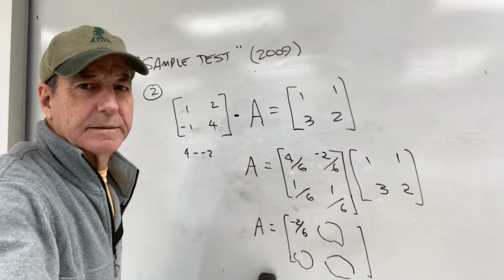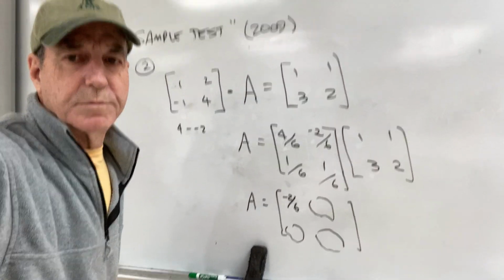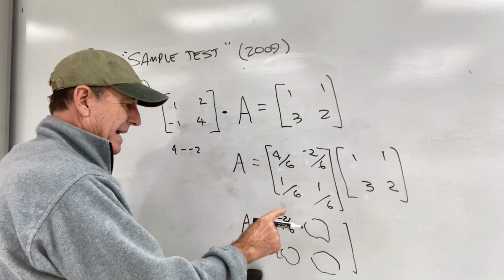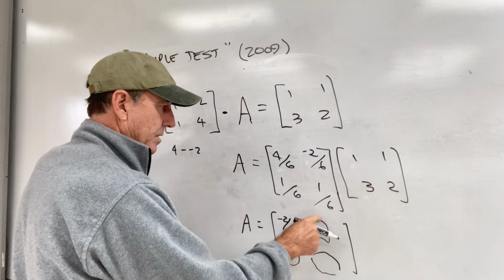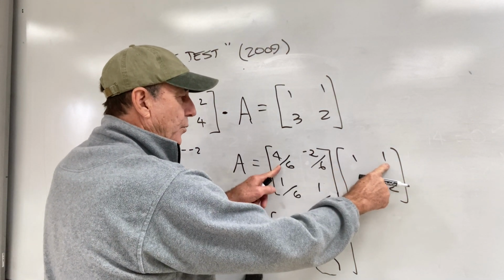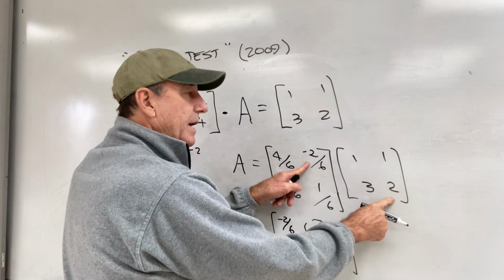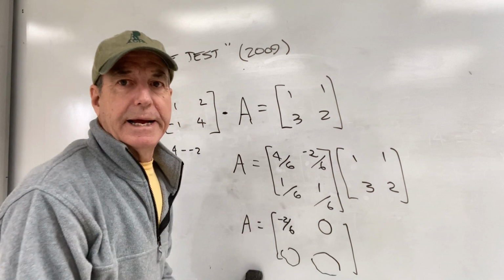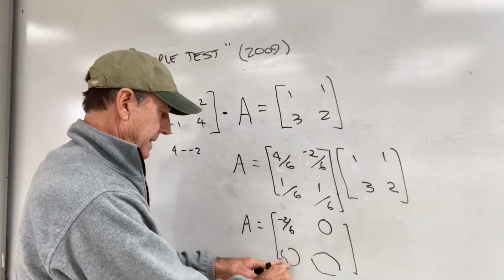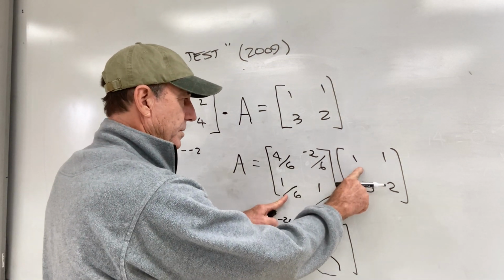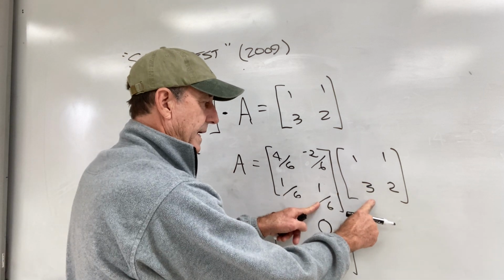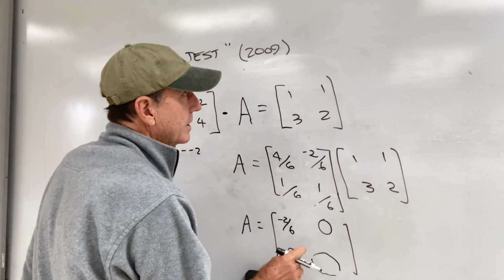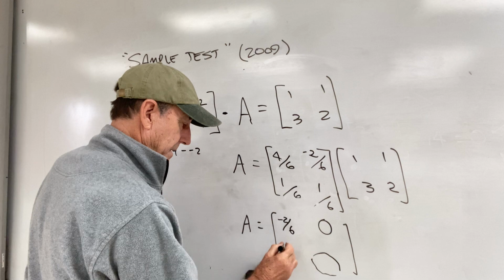Okay. Let's see if we can tilt this just a bit. And first row, second column. So this is 4/6 take away 4/6, that's 0. And then second row, first column. So this is 1/6 and 3/6, that's 1 and 3 is 4/6.